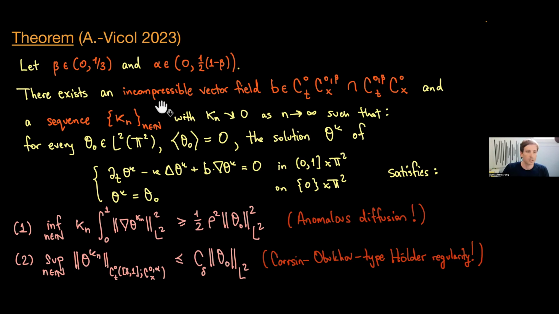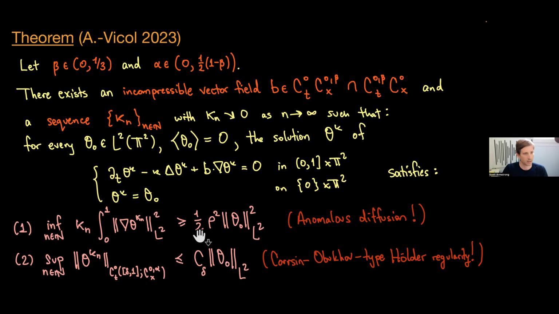Okay, so there is a vector field. There is a sequence of kappas going to 0. So not the full sequence, but we have some subsequence of kappas going to 0, such that for every initial data which is mean 0, if you look at the solution kappa of this equation, along that sequence, the dissipation of scalar variance is bounded below.